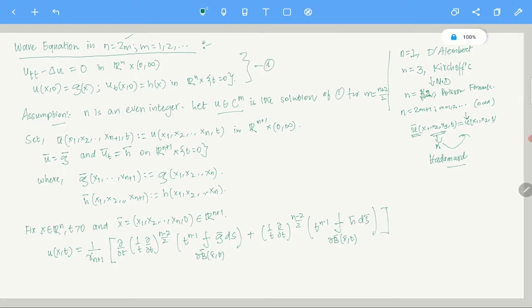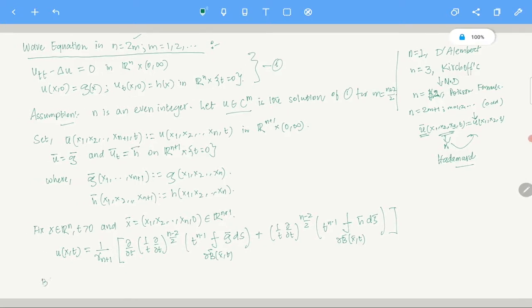Essentially B bar (x bar, t) denotes the ball in R^(n+1) with center x bar and radius t. Of course, what is dS bar?